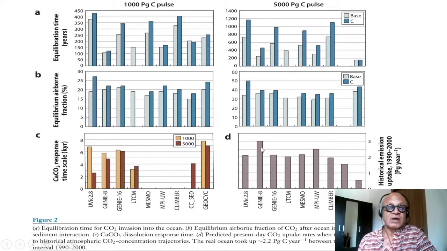So we have to be careful about that in terms of the stability of the carbon cycle that we were discussing. And this is for the 1990 to 2000 case, calcium carbonate response time scales.